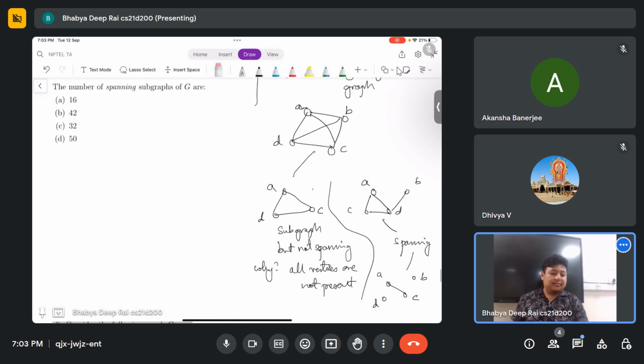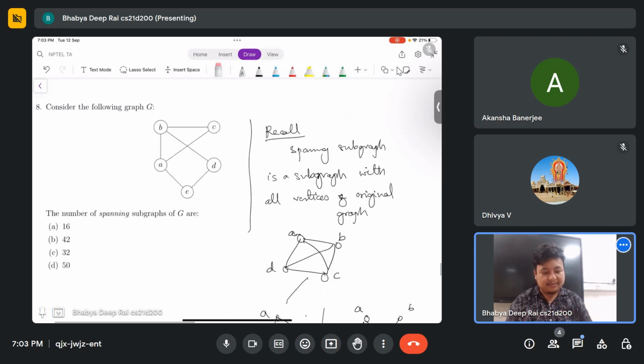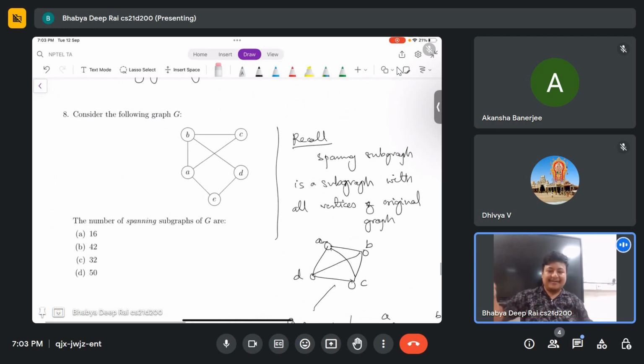So now please try the question. Question says the number of spanning subgraphs are.